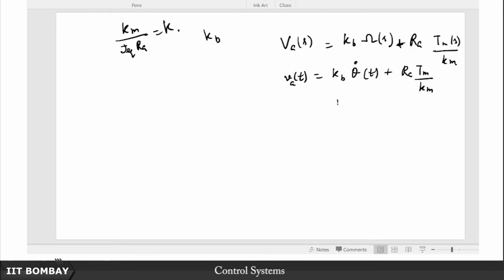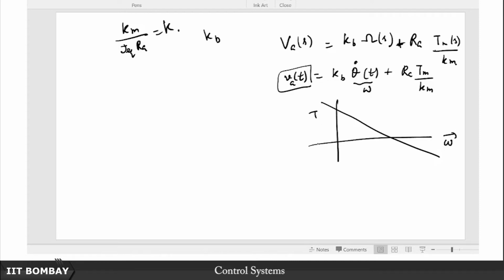For a given voltage, it is a straight line, y is equal to mx plus c. For a given armature voltage, the x axis is going to be omega, theta dot is nothing but omega, and the y axis is going to be the torque.